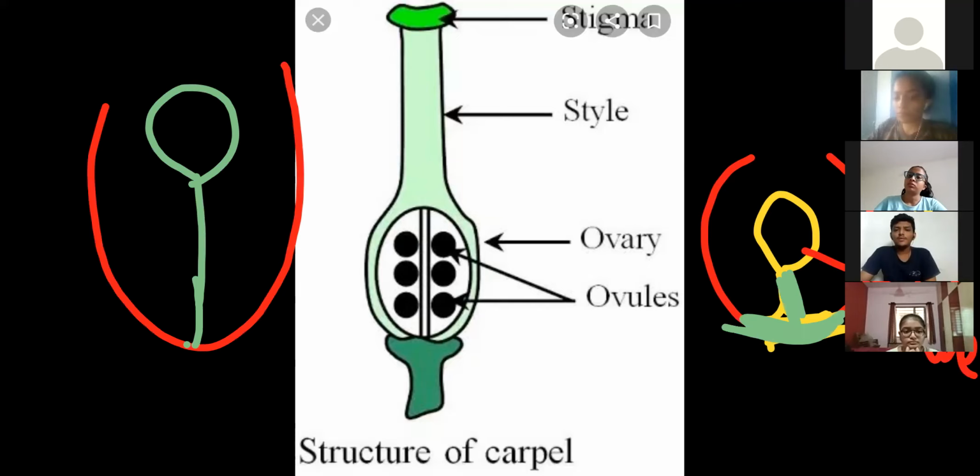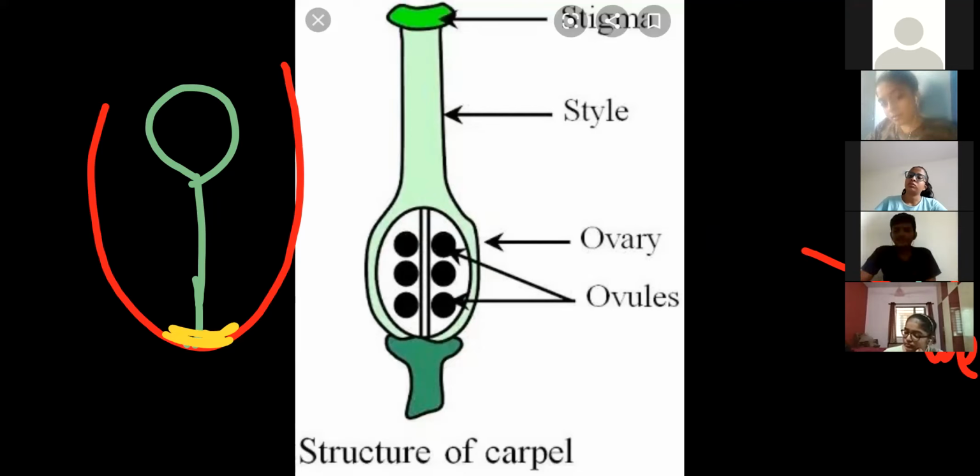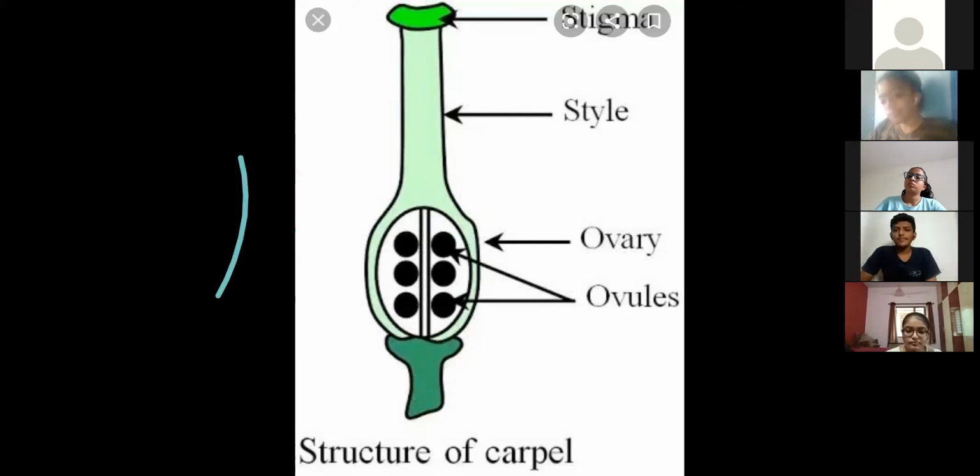So this point where both are attached, this one we call placenta. It's a very soft, cushion-like structure that we call placenta. All of you clear what is placenta? It makes a connection between the ovary and ovule.